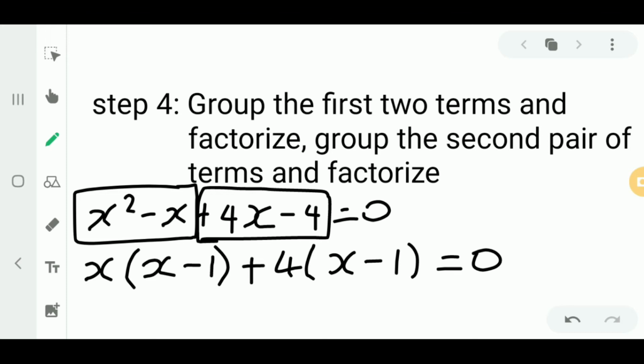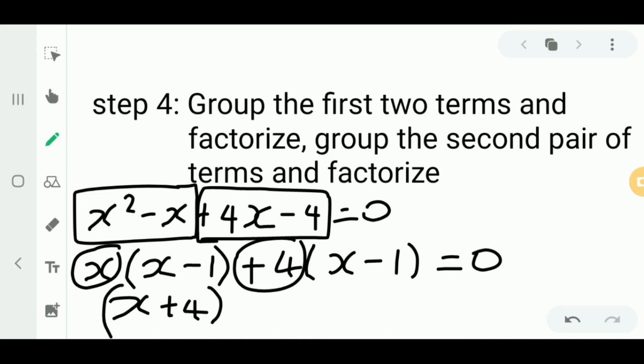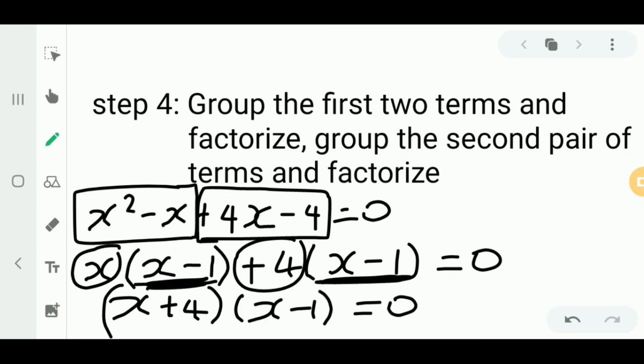The numbers that are on the outside, you put them in a bracket together, x plus 4, and the bracket that has the same terms, you put it here as one bracket. If you realize that both brackets are the same, you're on the right path. However, if your brackets are different, you did something wrong and you need to backtrack.